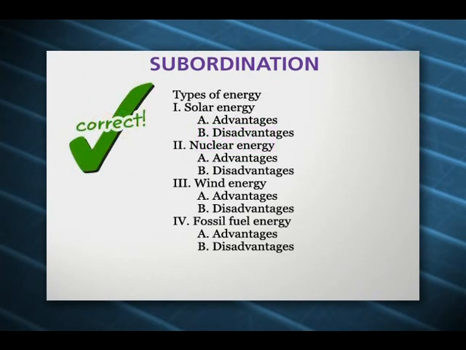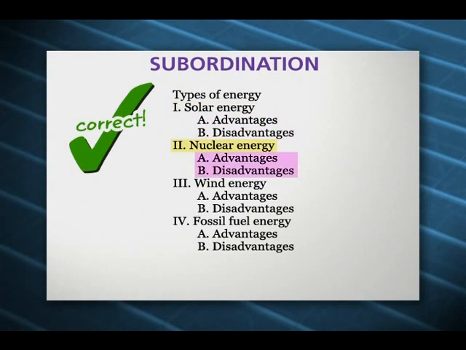Correct subordination would have types of energy, and then under that I'd have one type, solar energy. Under that, advantages and disadvantages. And then I would have my second type of energy, nuclear energy. Under that, my advantages and disadvantages.